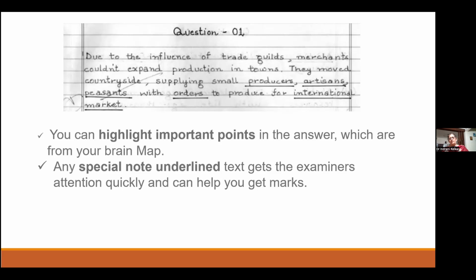With a special note or underlined text, the examiner's attention goes there quickly and they don't have to read everything you have written, but they will check that what you have specified is the correct thing. So you must have written around it very nicely. They will read, but they'll pay attention to what you have specified, as if saying to the teacher, please read this.